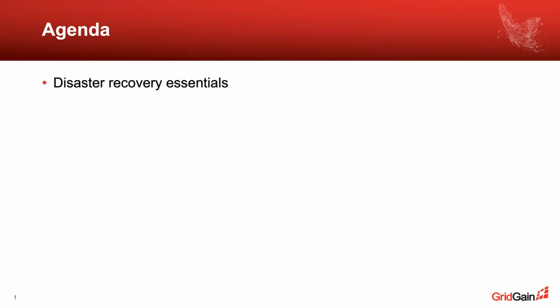So what are we going to talk about today? First, we will review what disaster recovery is about, what type of disaster recovery we are going to cover, and what the different parameters are that may change depending on your disaster recovery solution, and how we can compare different solutions.